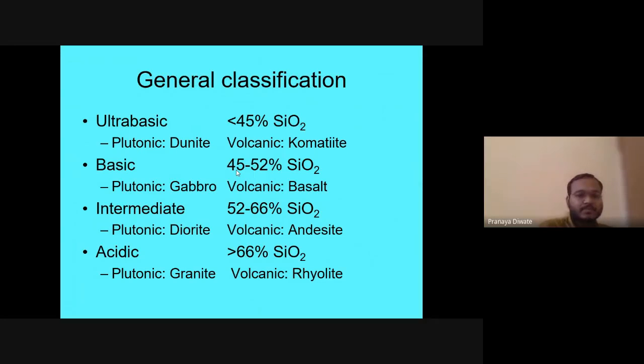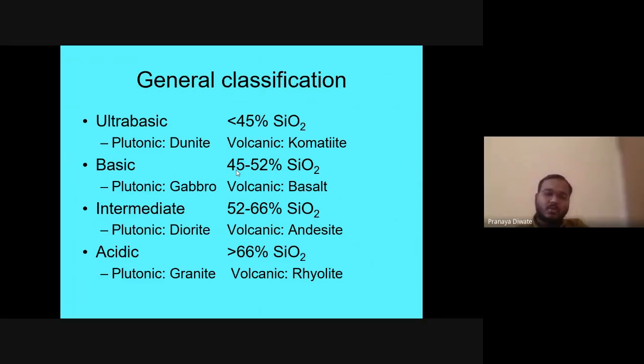This is a general classification of igneous rock: ultrabasic, basic, intermediate, and acidic. What is ultrabasic? What is basic? What is intermediate? And what is acidic?